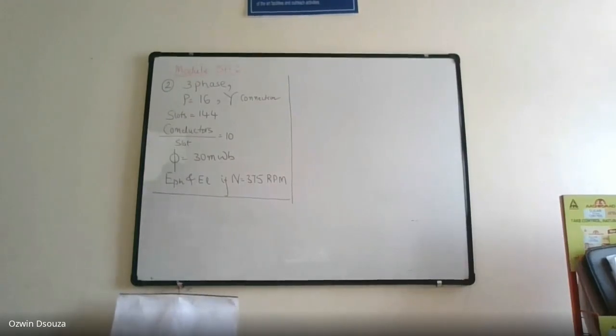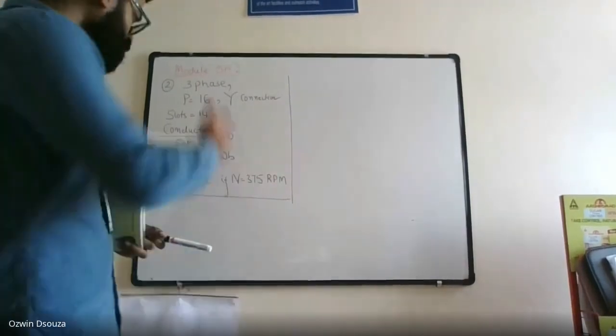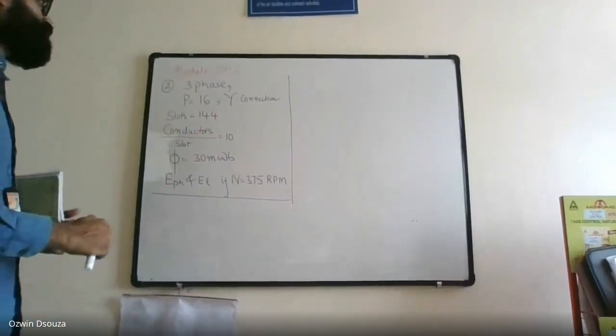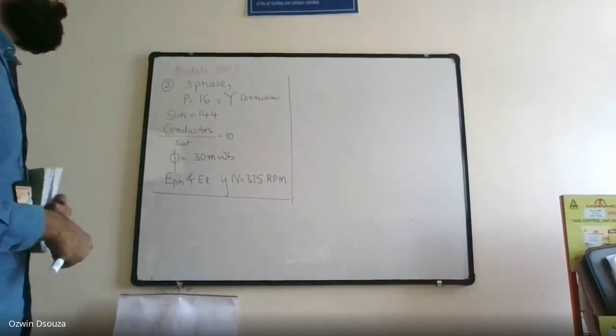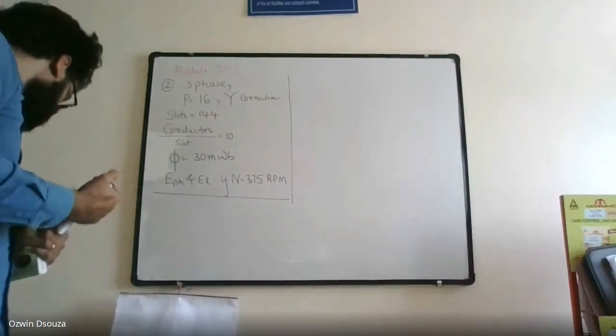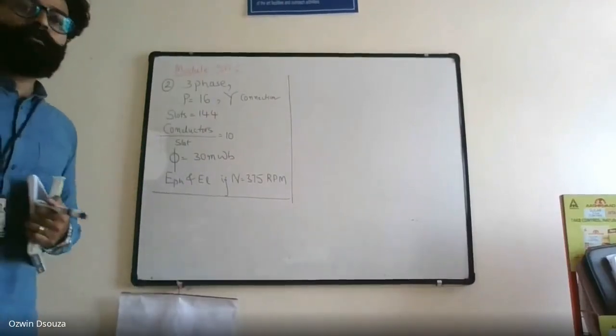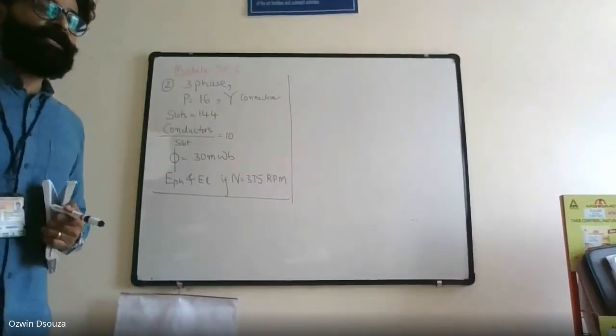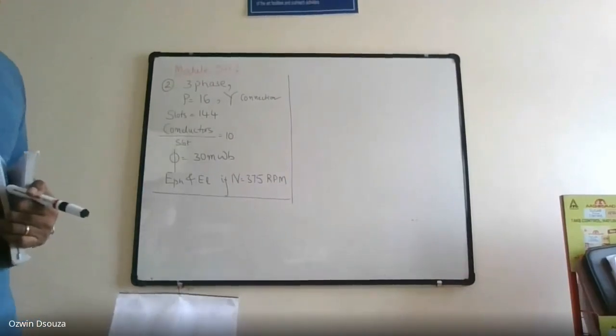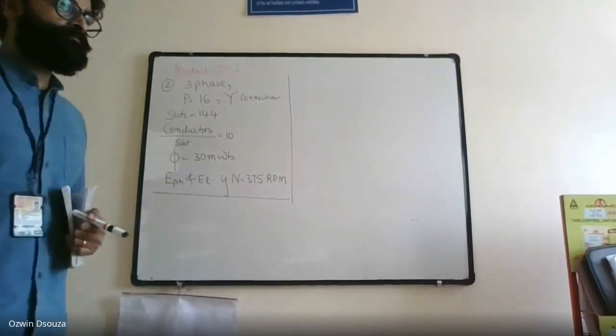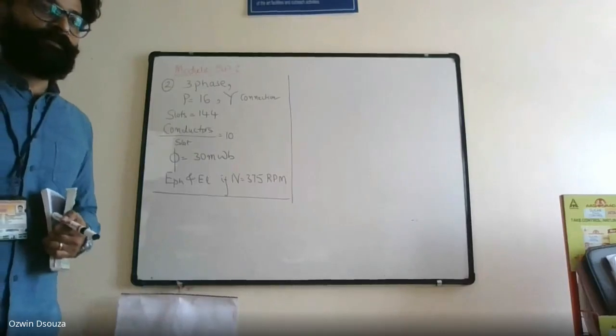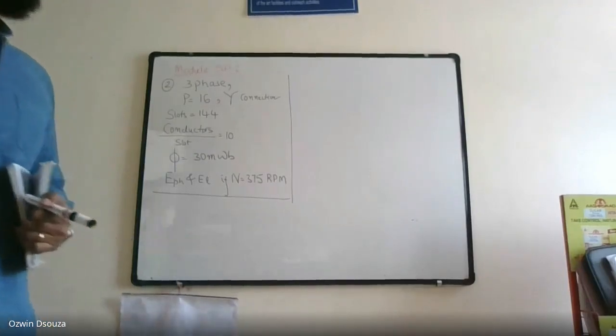So this is the given data. Observe carefully. Please look into the problem data. Do we have any information about the type of winding, as in whether it is full pitched or short pitched, or the distribution factor? We don't have any information, right?